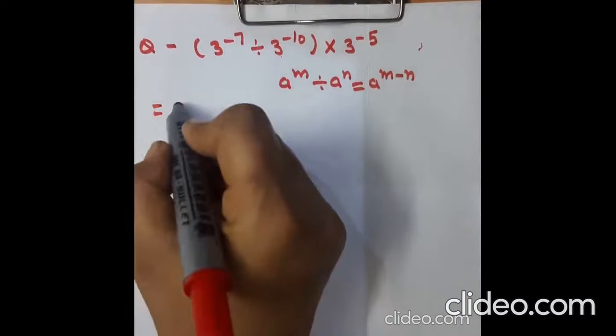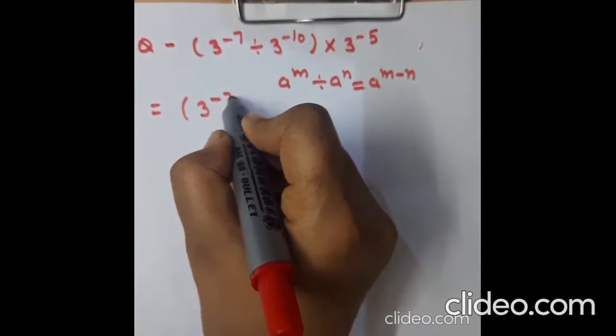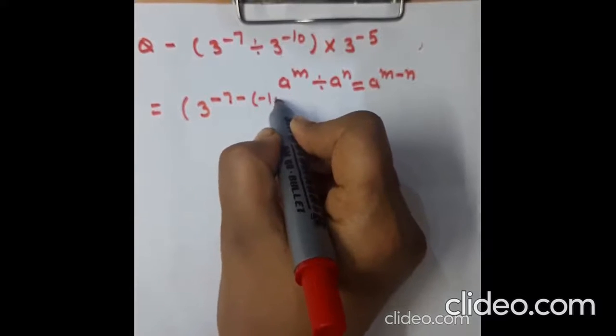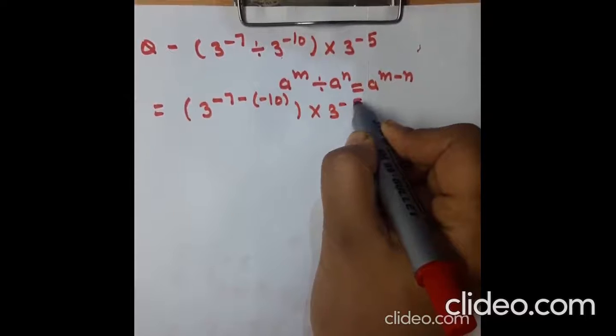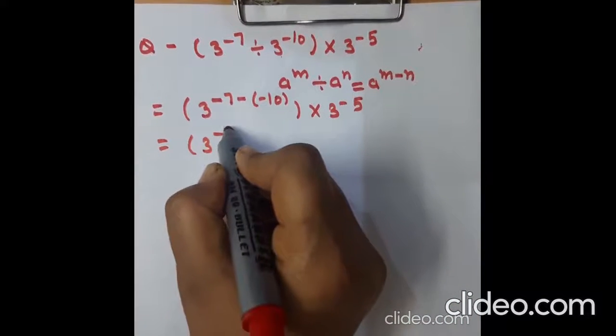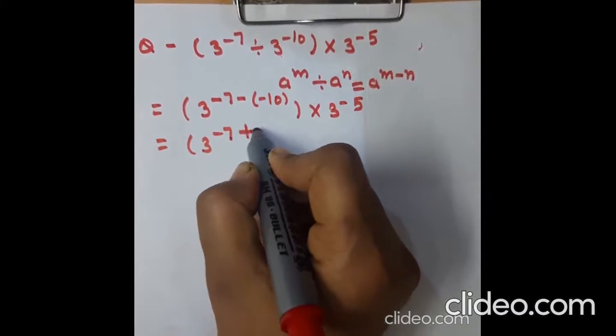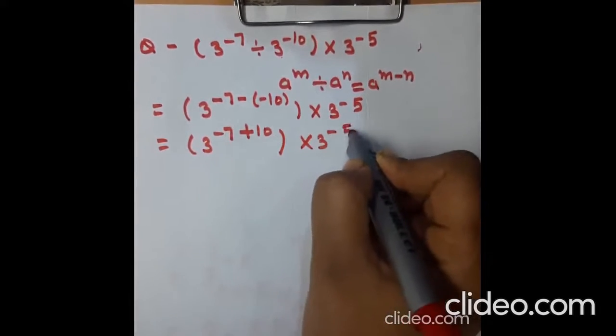So here 3 raised to the power minus 7 minus minus 10, multiplied by 3 raised to the power minus 5, will be equal to 3 raised to the power minus 7 plus 10, multiplied by 3 raised to the power minus 5.